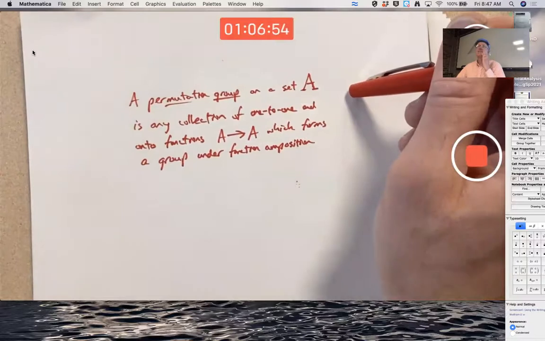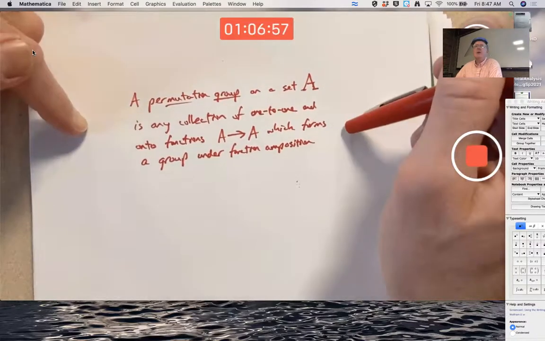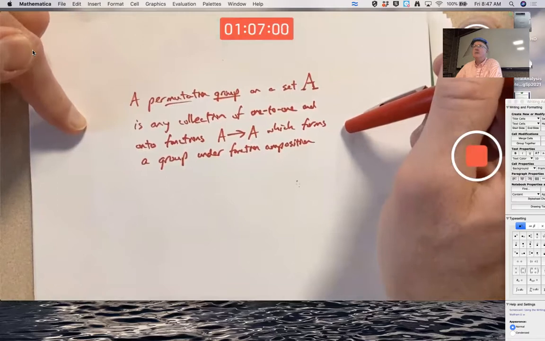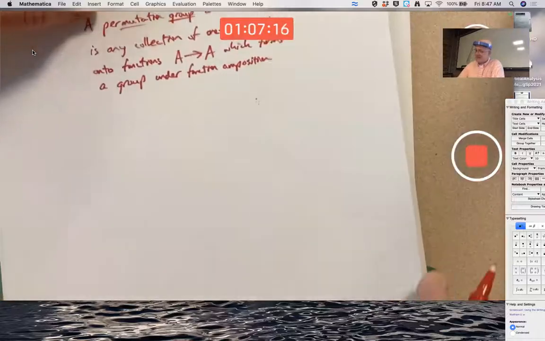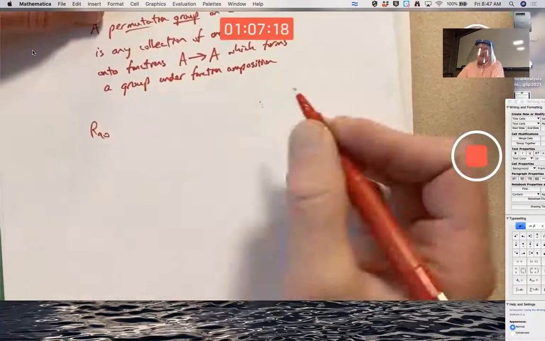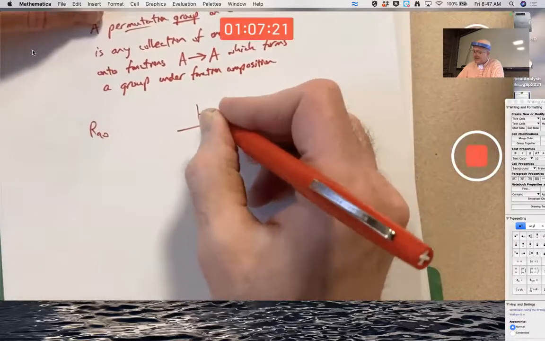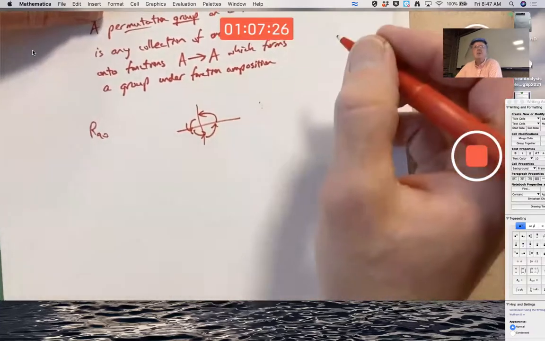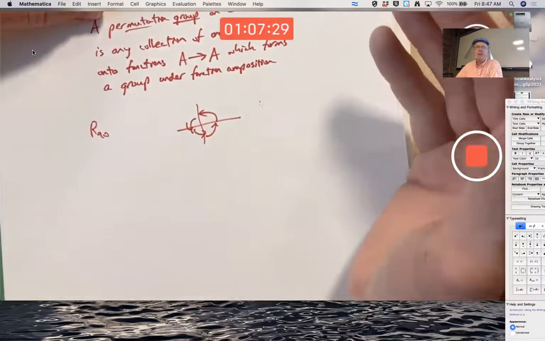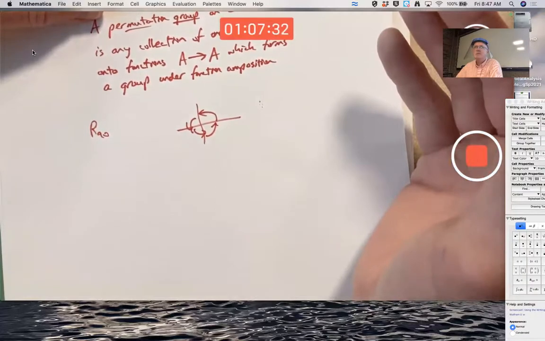In fact, this point of view of permutation groups allows us to realize that actual geometric rotations and reflections can be thought of as permutations. You do a rotation by, say, 90 degrees around some origin. You can think of that as rotating the entire plane, or you could focus on a particular shape, say a square, and the points in that shape.